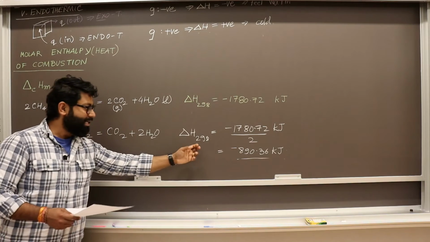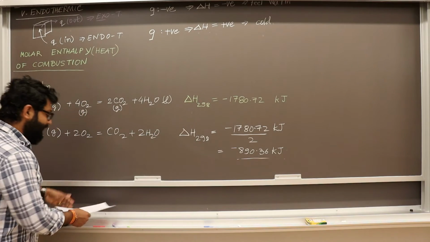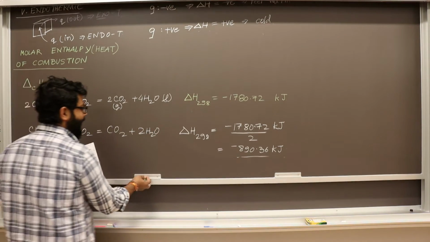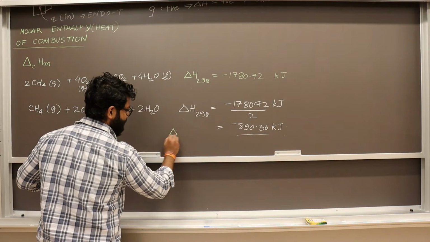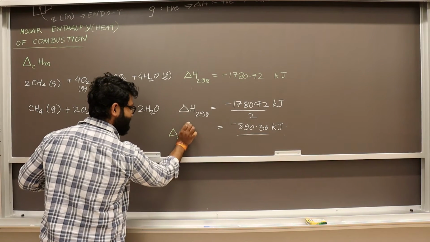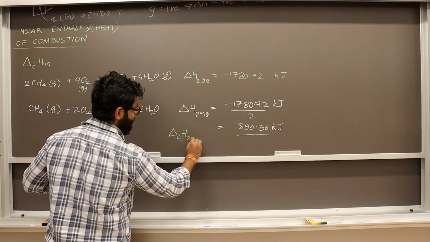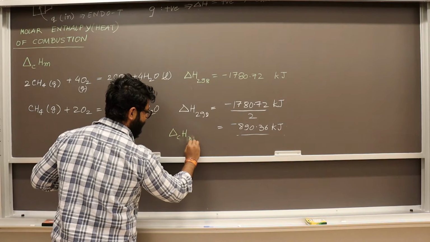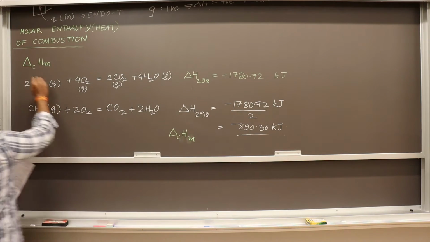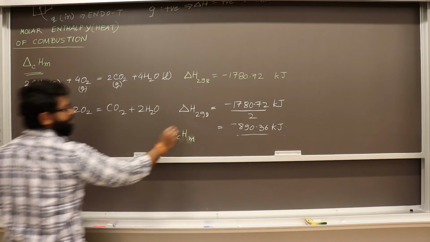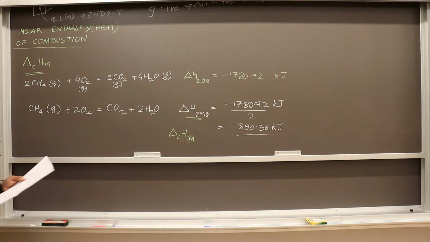So this change in delta H is written as the combustion, just C, of the reaction for 1 mole. So this is basically equal to this for this reaction, okay?